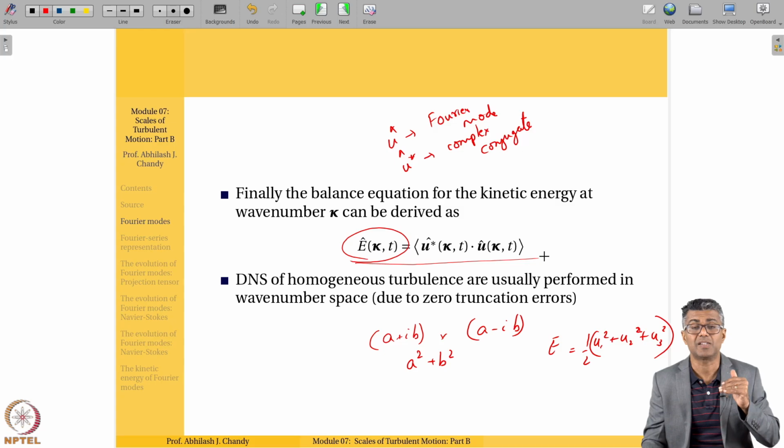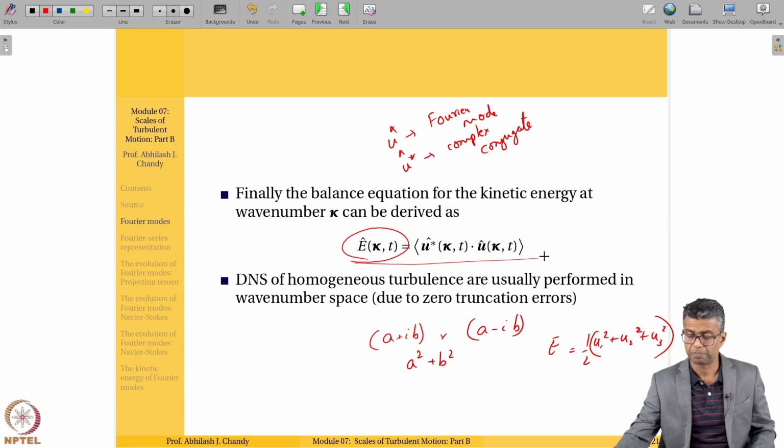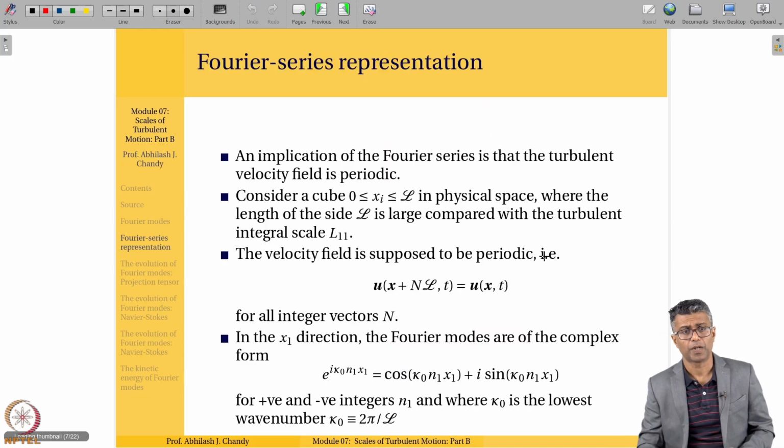They are exact. You are getting a perfect solution. Obviously, there are some requirements to it, and we will come to that. But that is the context, that is the platform, that is the motivation for why we are converting it into Fourier space. I hope this is clear.